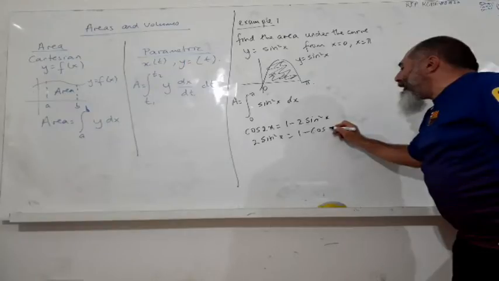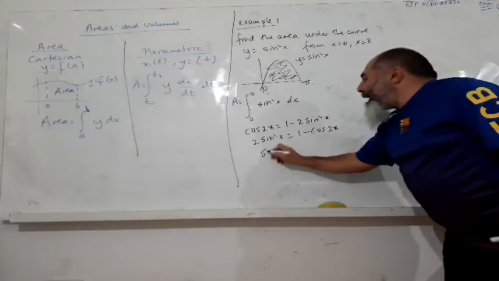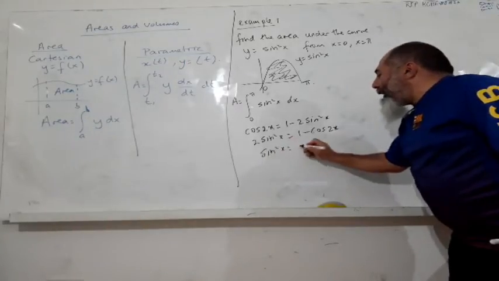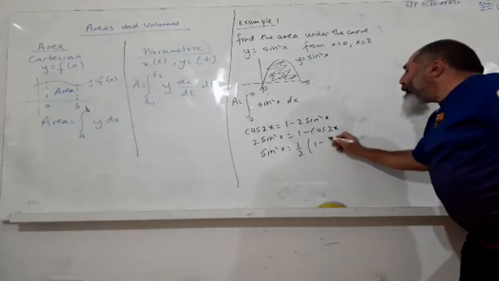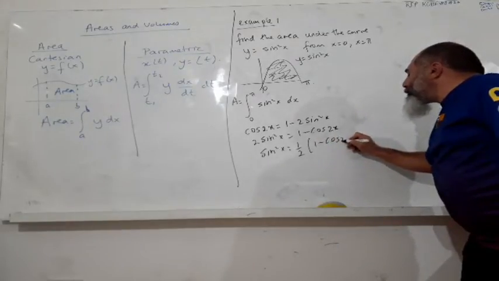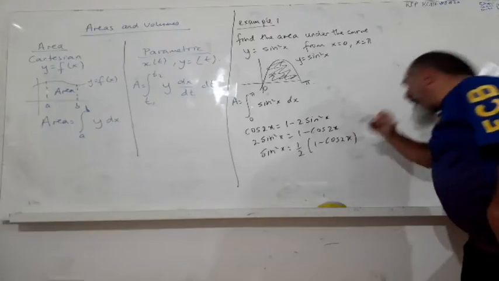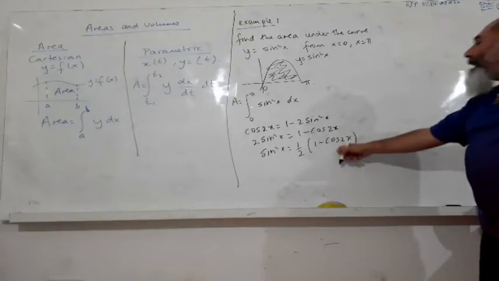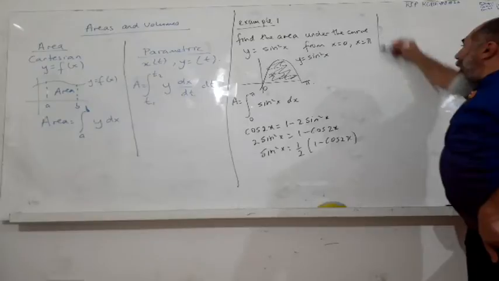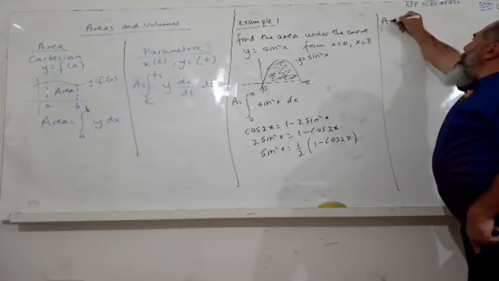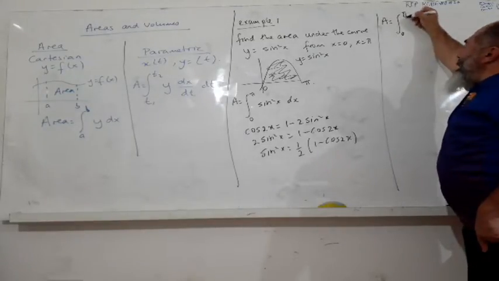Sine square x becomes 1 over 2 in the brackets 1 minus cosine 2x. So area becomes from 0 to pi of sine square x.